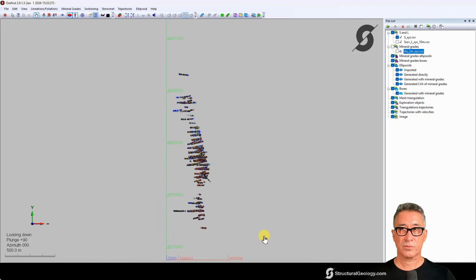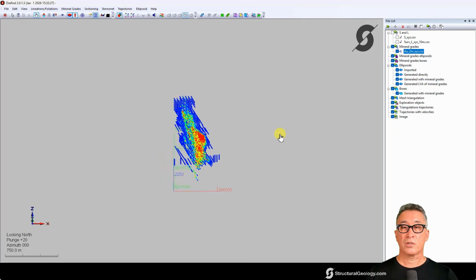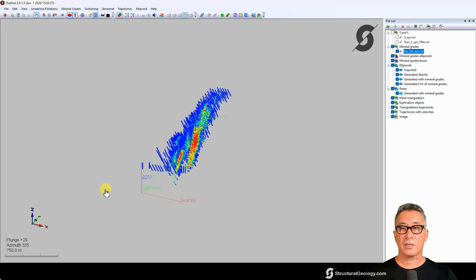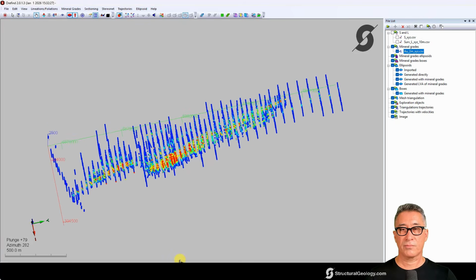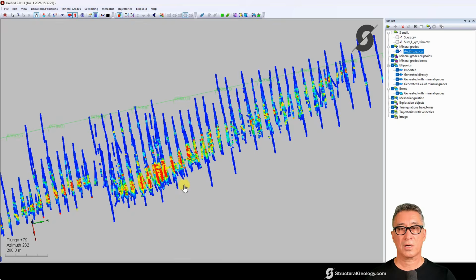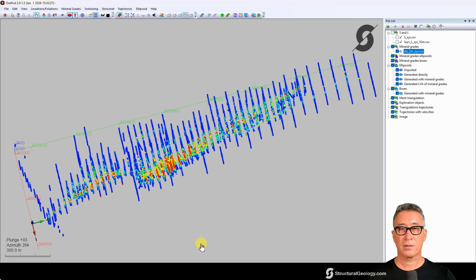They're striking just west of north, which is very similar to what we saw in the grade. So by eye, you can actually judge that the foliation is carrying the gold grade, which is quite important information. We don't know anything other than that.